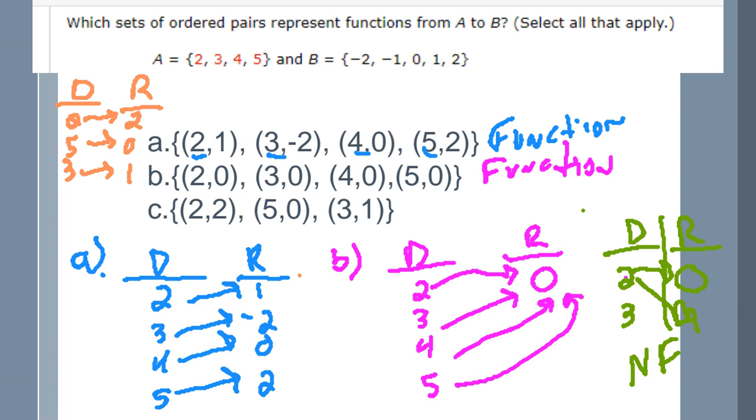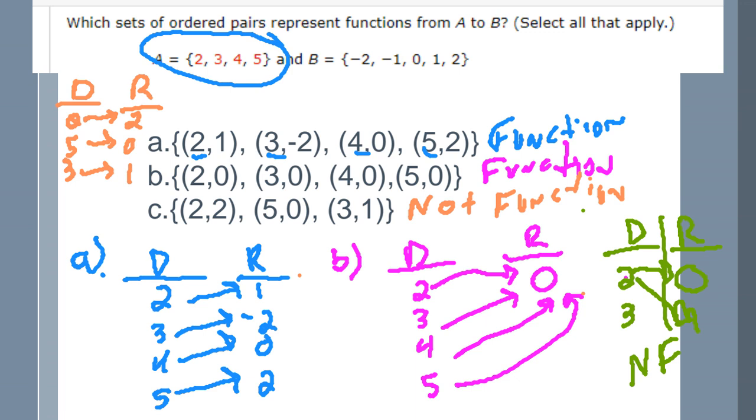You might be wondering, why is it not a function if each one of those elements is going to just one thing? It should be a function, right? But why are you telling me that it's not a function? The problem is that this is your domain. All the values in the domain have to be used.